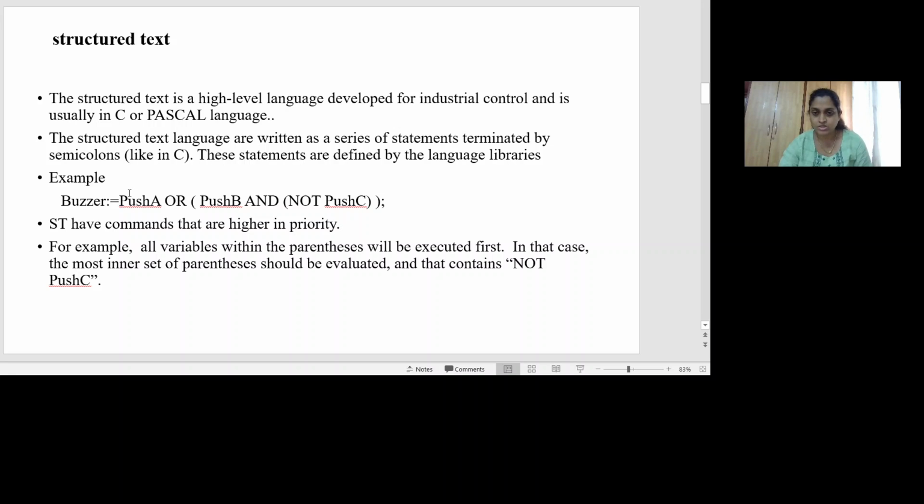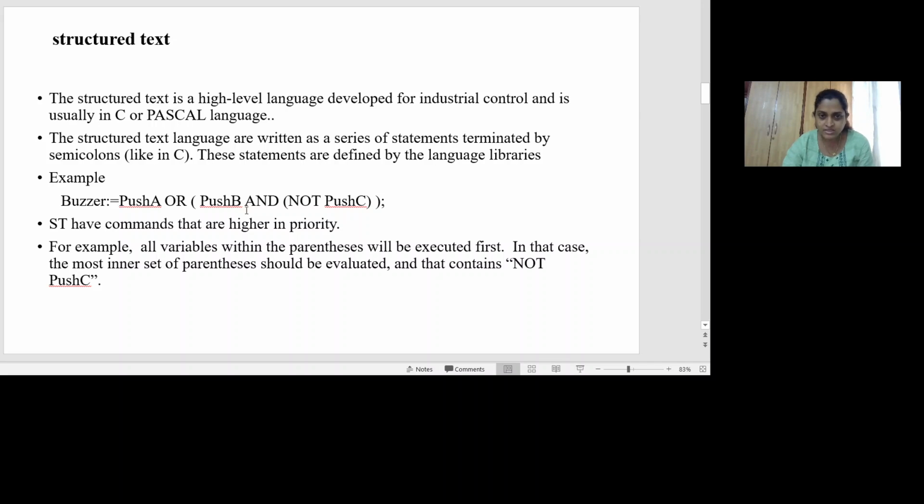Here we use statements which are similar to what we use in the C language. As an example, I have taken buzzer equal to, a statement which you can use in structured text language. The statements are separated or ended with a semicolon.